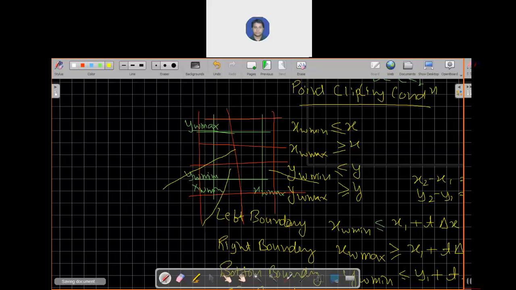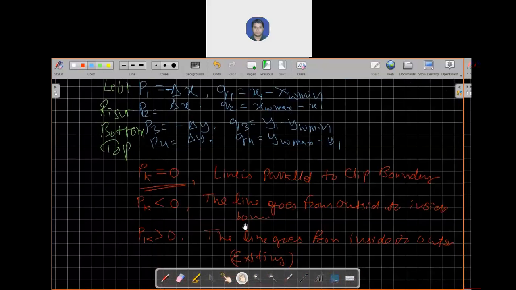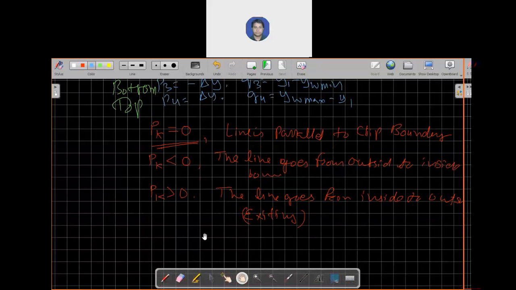If the value is positive, it is moving from inside to outside. So using the value of pk you can determine the position of the line: whether it is parallel, entering, or exiting.